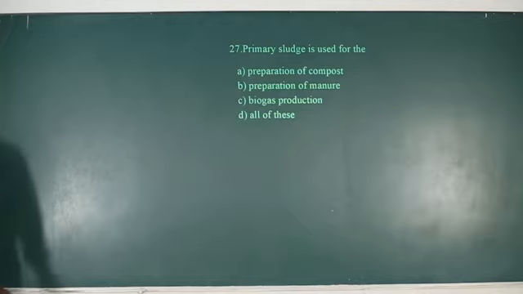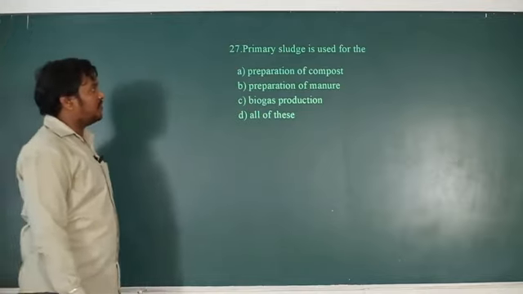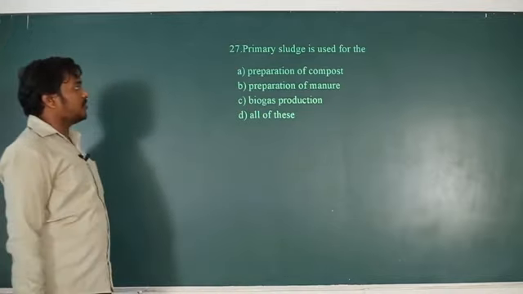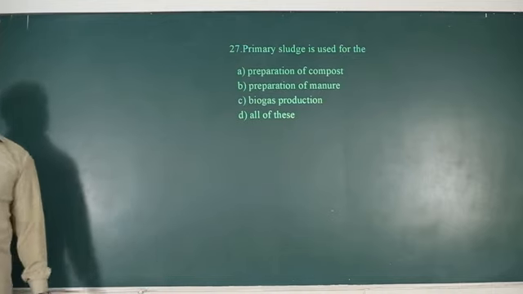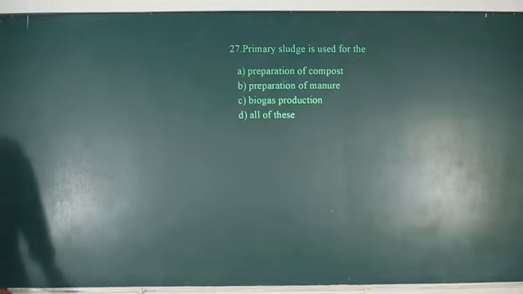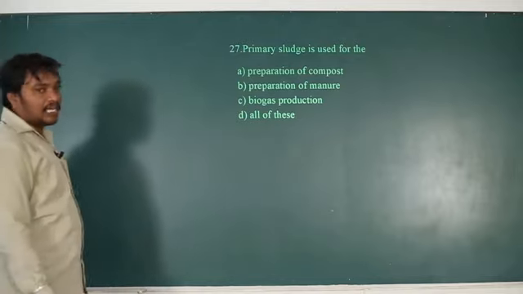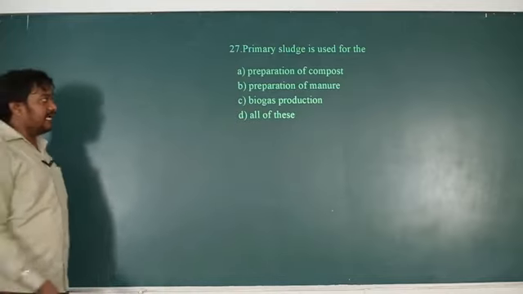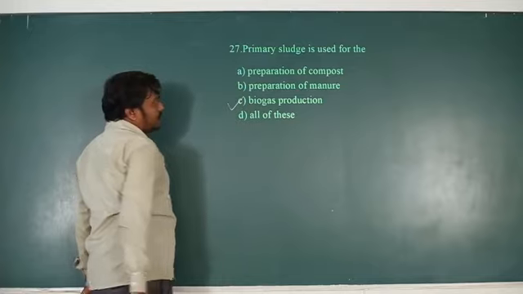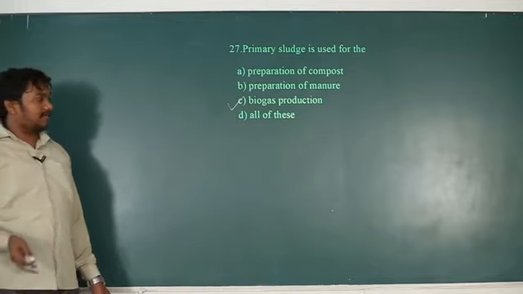So primary sludge is used for the preparation of compost, preparation of manure, biogas production, all of this. What is primary sludge used for? Primary sludge is going to be mixed along with the secondary sludge that can be used in a biogas plant digester.